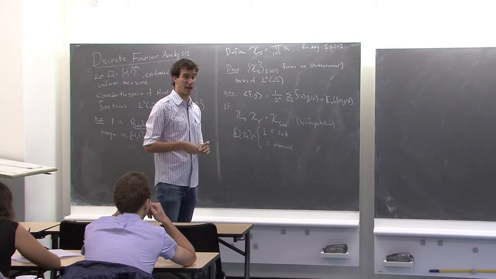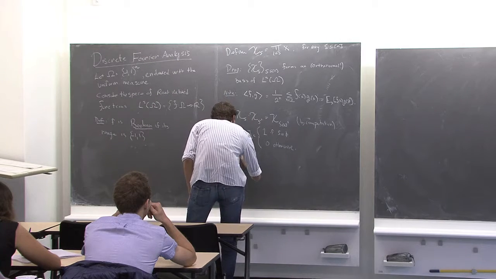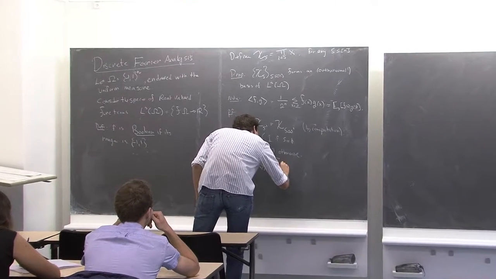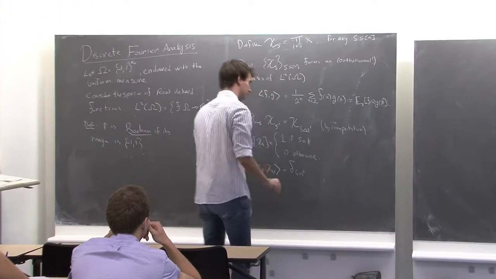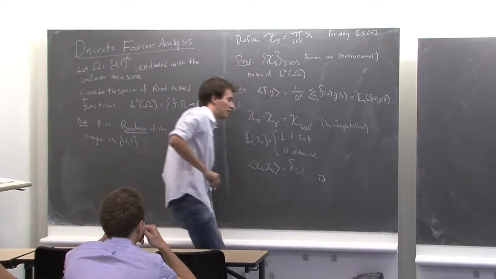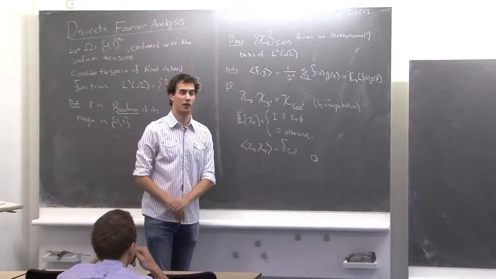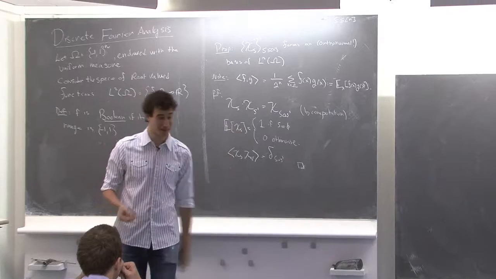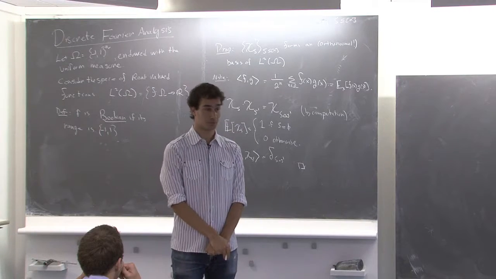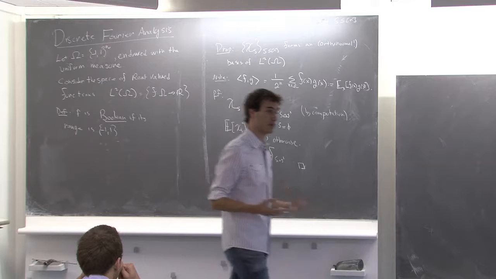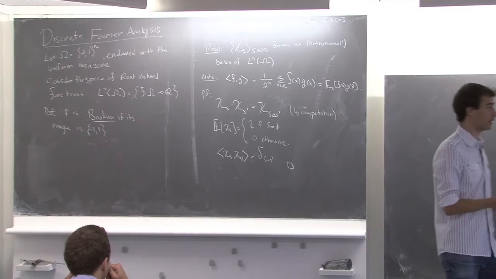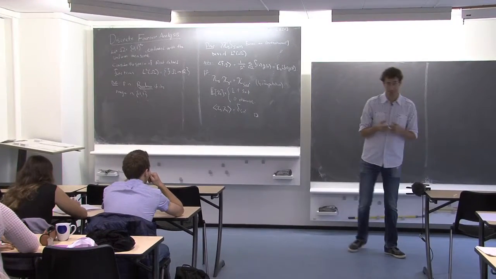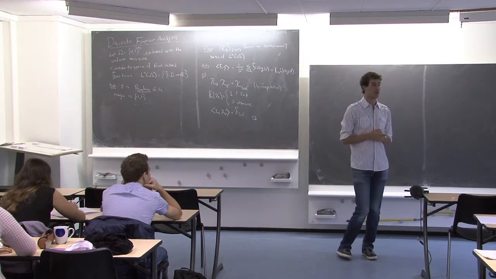Once we have this, these two facts together imply that if we just take the product, we just get a Kronecker delta function that fires whenever s is equal to s prime, and that's exactly orthonormality. So this basis is orthonormal with respect to my inner product, and by counting dimensions, it's spanning, and everything is good. I'm frequently going to call this the Fourier basis.